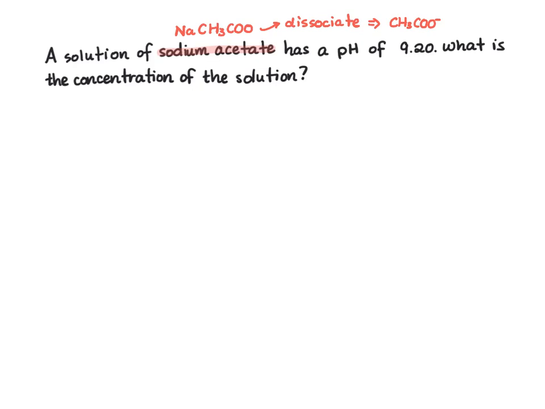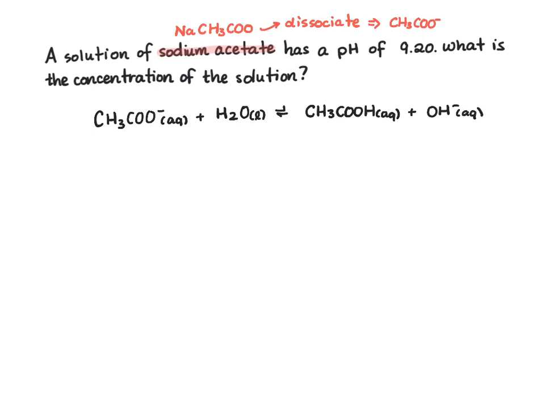So that's what we're going to use for our ICE table. So acetate, aqueous, reacts with water, and because it's a base, it's going to accept a proton from water, forming acetic acid, aqueous, and hydroxide.